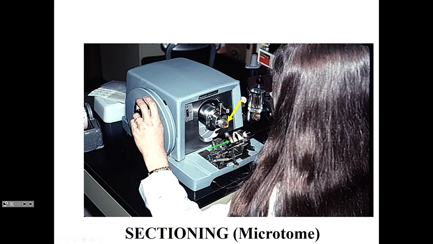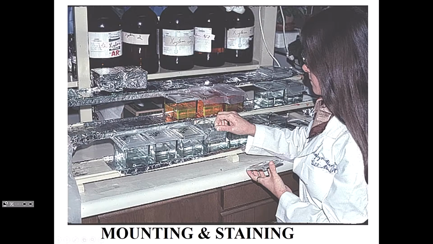So when you turn this handle, this stage goes up and down, and there's a steel knife here, and you can see here this sliver of tissue that's been sliced off the end. And then you take that sliver of paraffin wax, which has the paraffin embedded tissue in the middle of it, and you put that on a microscope slide, and then you heat the microscope slide, it dissolves, and then it adheres to the glass microscope slide.